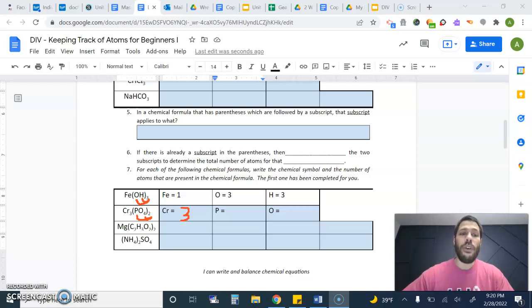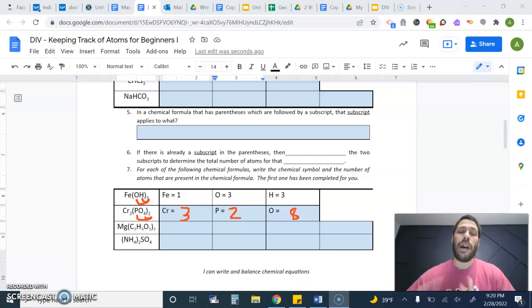So I take my 4 O's right here times that 2 on the outside, gives me 8 O's. I have 1 P, so 1 times my 2 on the outside gives me 2 P's. And there we have my final answer.